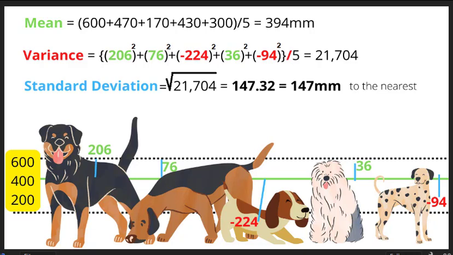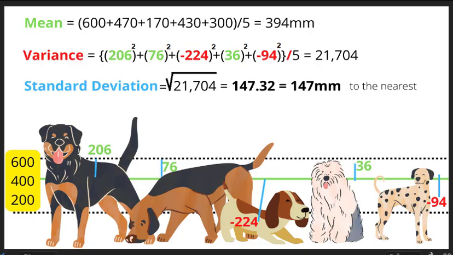There are some dogs, like this sausage dog, which is below the mean. So variance is nothing but how far the observations are from the mean, and the mean, the green line, is 394 millimeters.